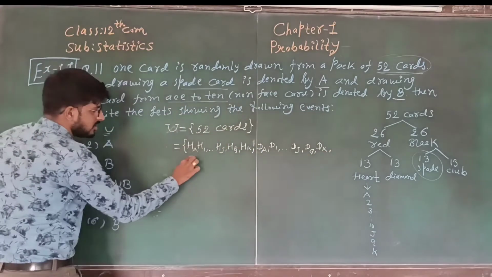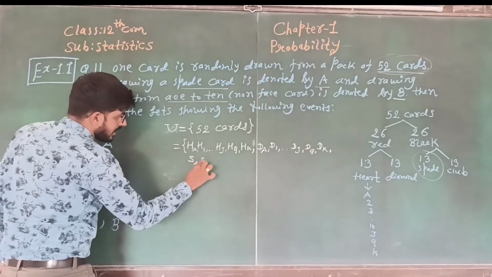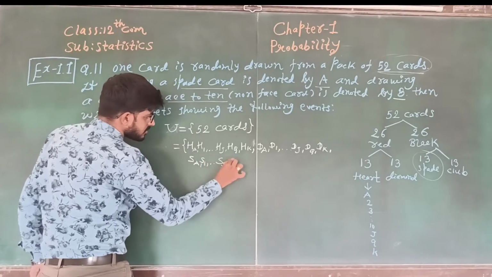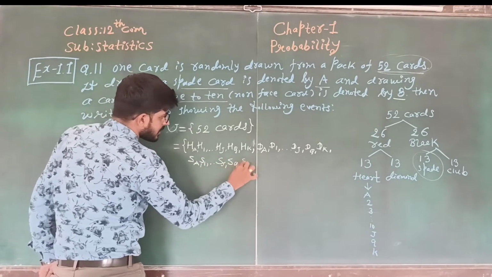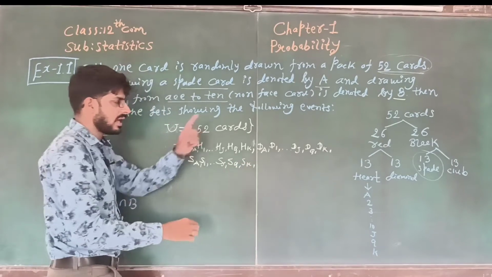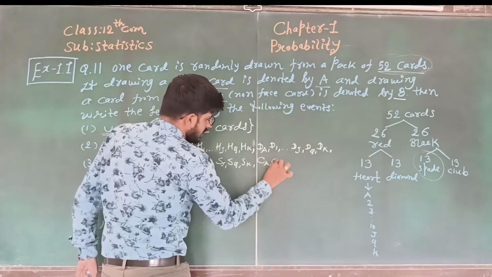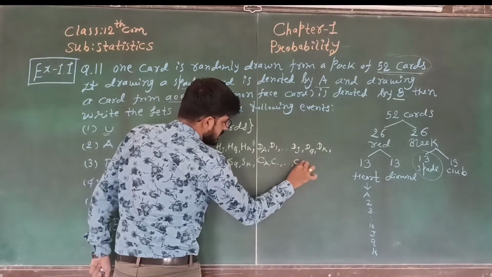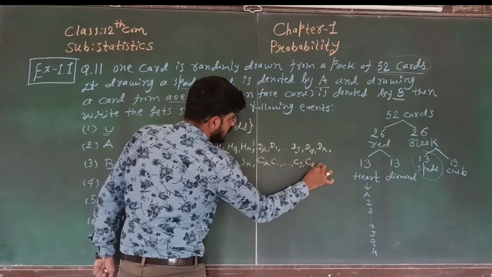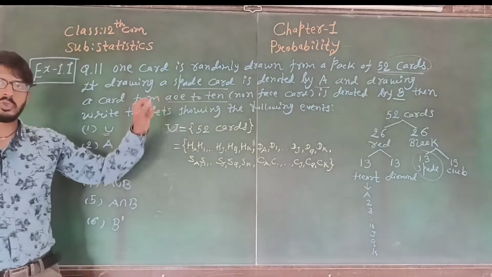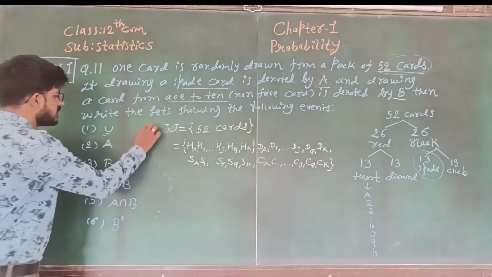Same thing spade cards: SA, S1, SJ, SQ and SK. Then last club cards: CA, C1, CJ, CQ and CK. So we get 52 cards. It gives U, the first one.